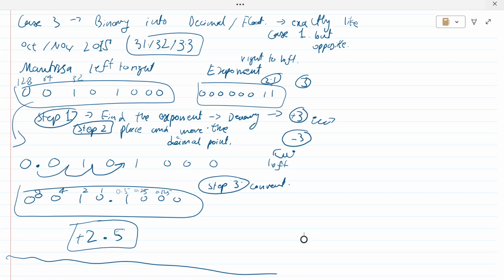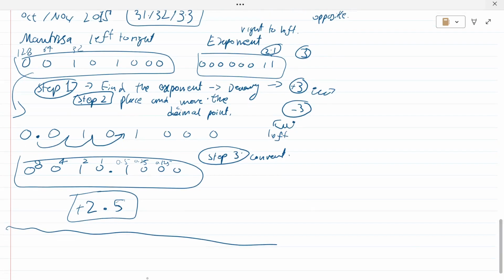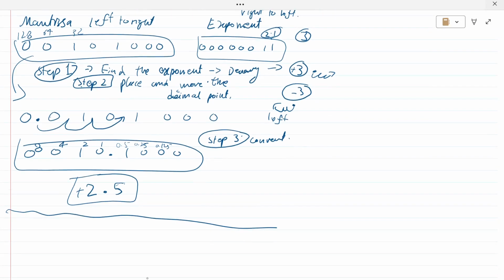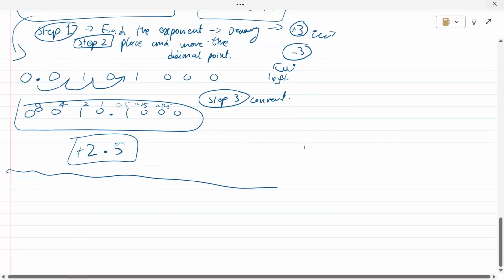The second step is that you write down the mantissa, you place the decimal point right before the last bit, and then you move it depending upon what your exponent is. In my case, it was a positive 3, so I moved it 3 places to the right. And then we finally had our binary decimal thing, and then we easily converted it into binary. This is how you do it.